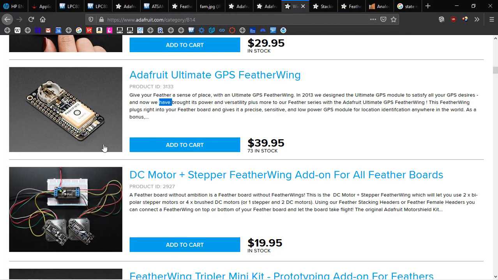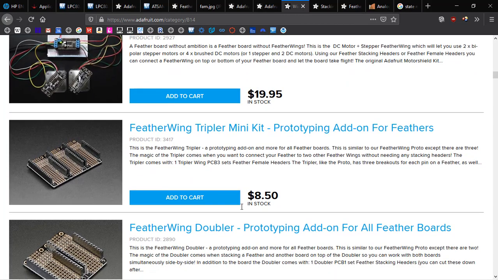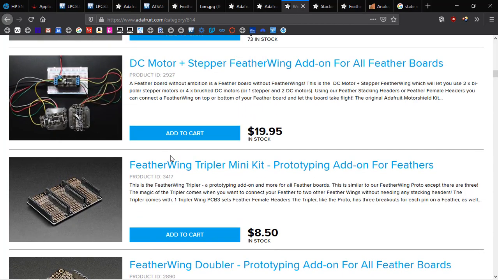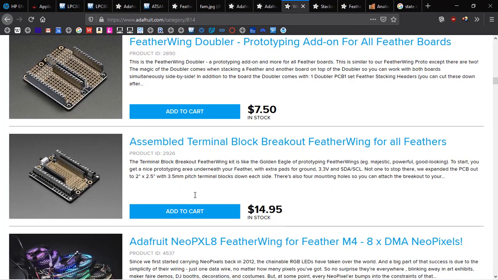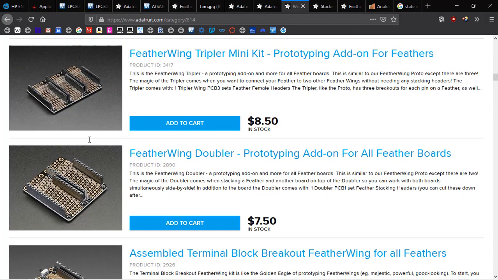It's basically a feather board with a GPS module like this on it, and another feather wing, which is a cellular modem. So that's how you make an ankle bracelet. Here's a motor driver for connecting motors, for spinning things. These are boards that are very similar to the baseboard, to which I've added LEDs and buttons and servo headers and put some other things on that baseboard.